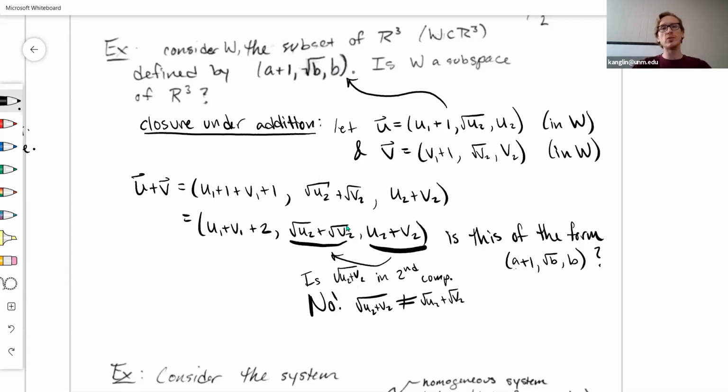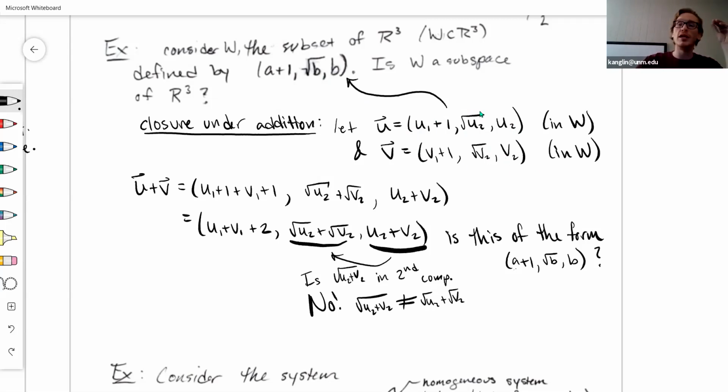And you don't want to do this with specific numbers plugged in, like a equals 1, b equals 1, maybe b equals 4, for example. You want to always leave this completely general. Don't specify what real numbers you're using for a and b. Call them u1, u2, v1 and v2.